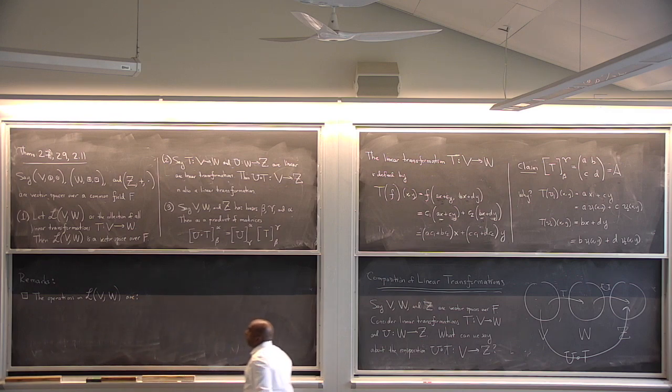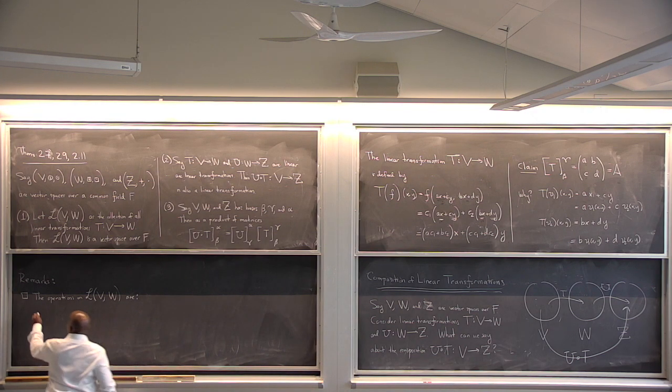So again, LVW is the collection of linear transformations from V to W. So first, I can define the vector addition as follows.